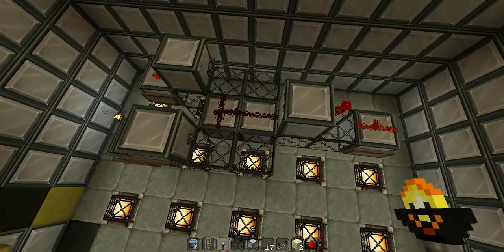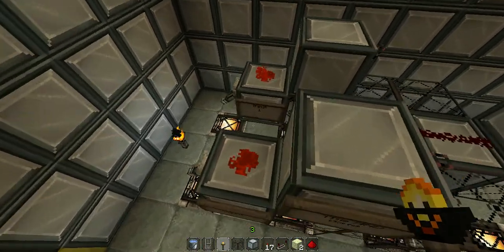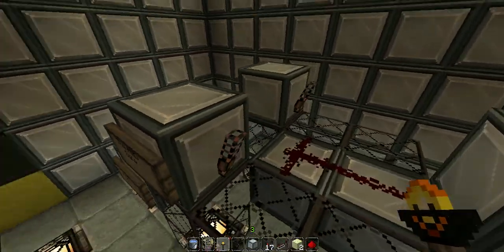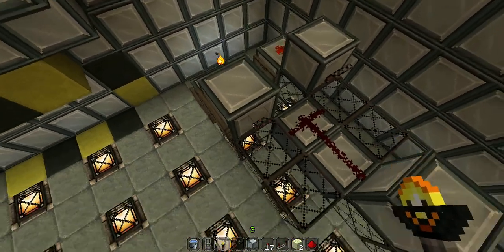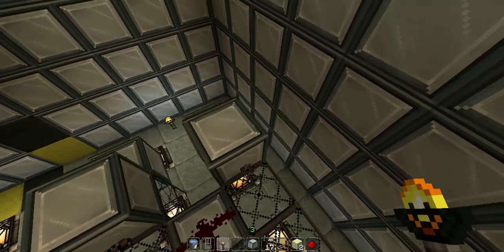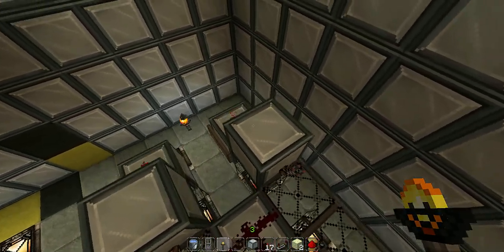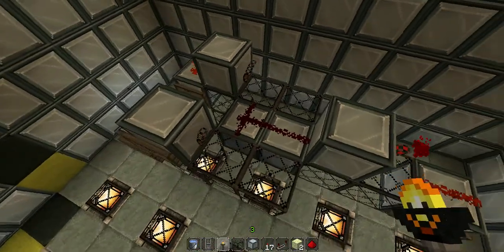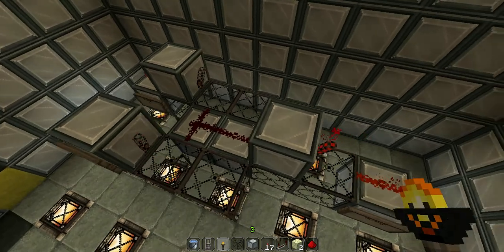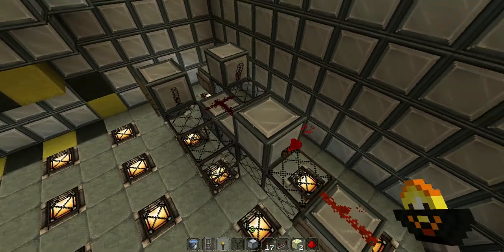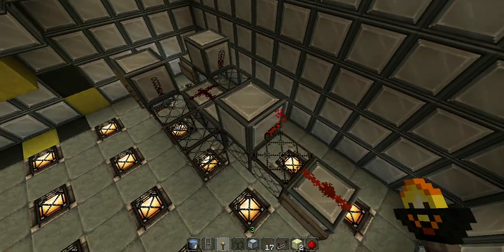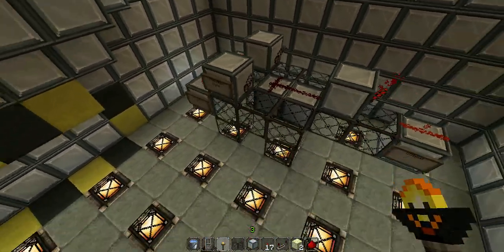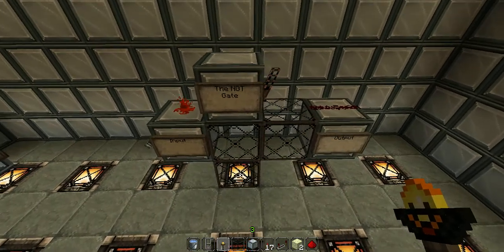So, as you can see at this moment, there's power in input 1, there's power in input 2, and because these are redstone torches, and redstone torches turn off when they're powered, when you have power to both of them, they're both off. Thusly, there's no power in this general line here that they share, and because there's none here, this redstone torch goes on. This actually consists of 3 NOT gates, and the NOT gate is right here.